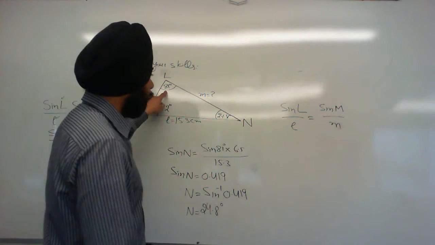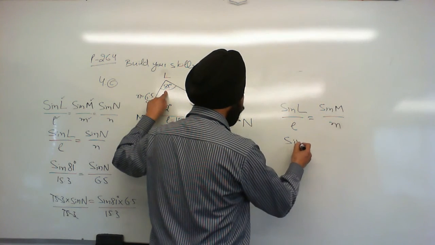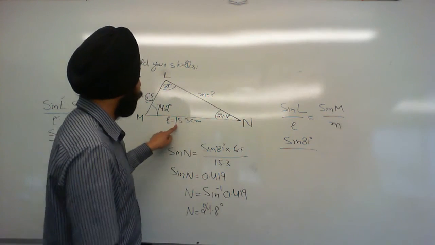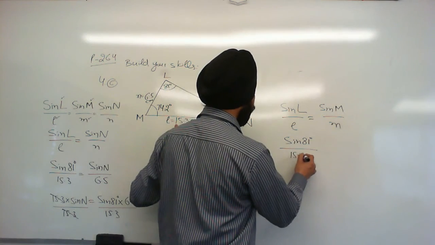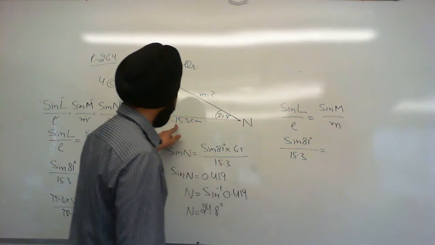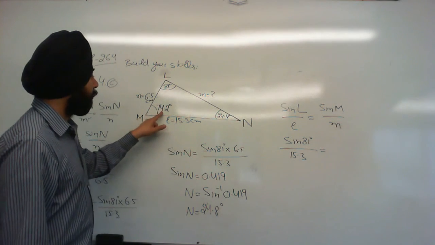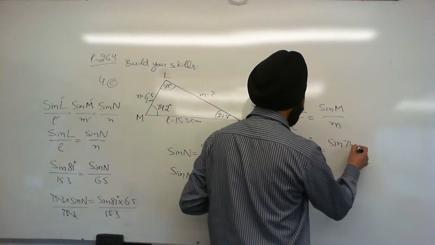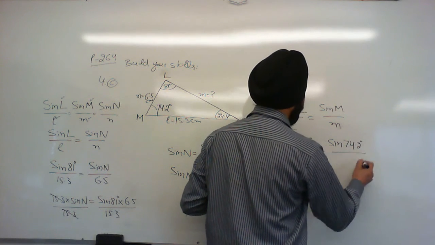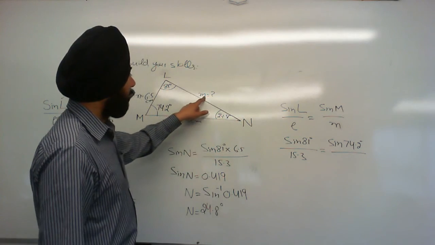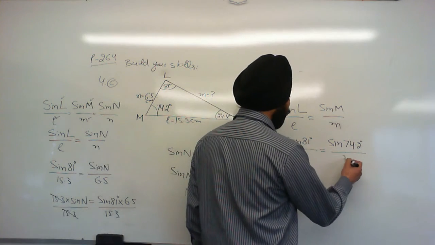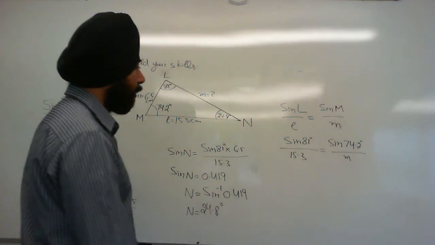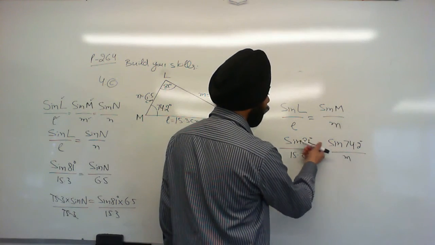L is 81, so this will be sine 81 divided by L is 15.3, equal to angle M is 74.2, so this is sine 74.2 divided by M, which is to be calculated, so keep it as M. Then cross multiply and use the variable that is unknown first.